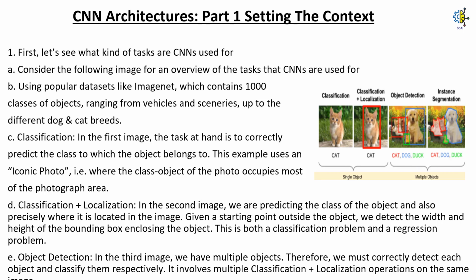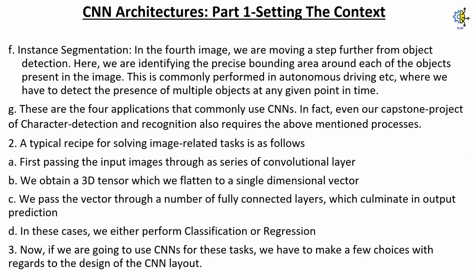Object detection. In the third image, we have multiple objects. Therefore, we must correctly detect each object and classify them respectively. It involves multiple classification plus localization operations on the same image. Instance segmentation. In the fourth image, we are moving a step further from object detection.